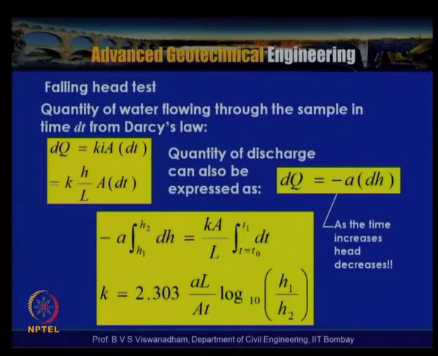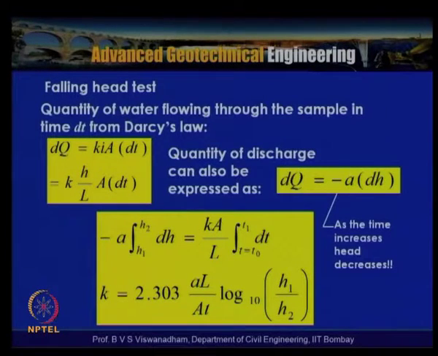As the time increases, the head decreases. With that we can equate these two discharges, and integrating from t is equal to t0 to t1, by simplifying we can write k is equal to 2.303 aL by AT log to the base 10 H1 by H2.